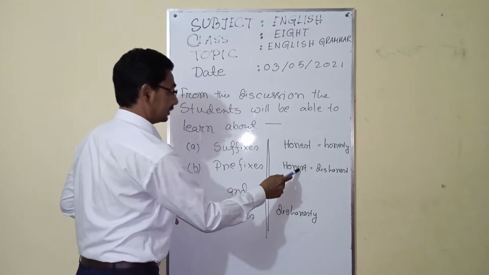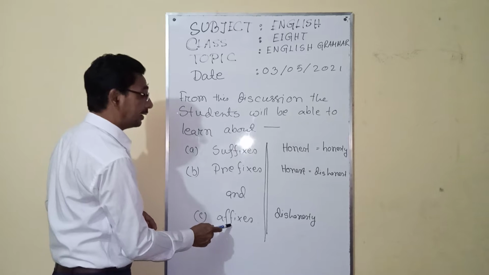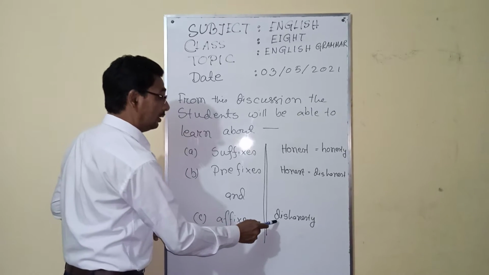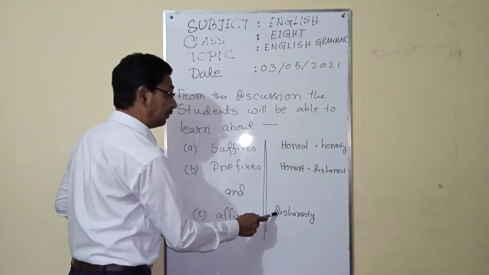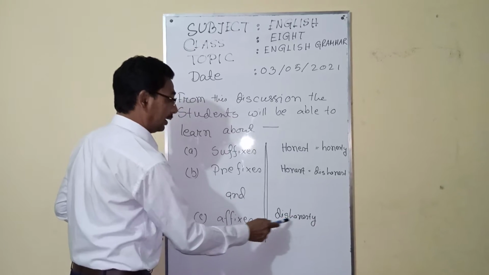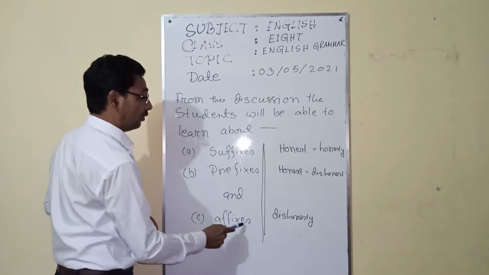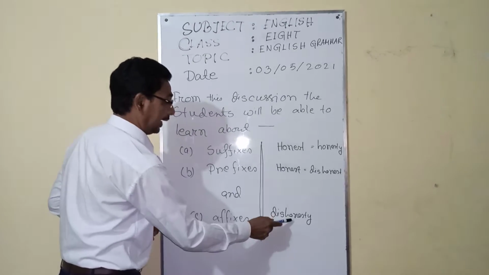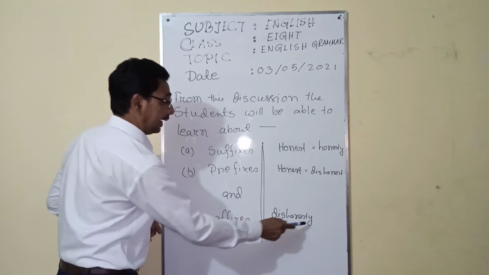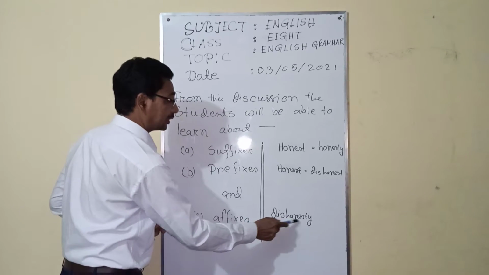So this syllable I have added before the main word is a prefix. And if you add a syllable both before and after the main word, this is called an affix. For example, honest, and I have added dis and y: dishonesty.